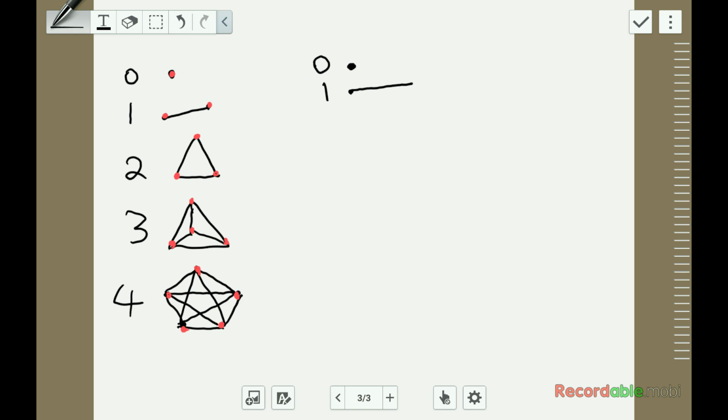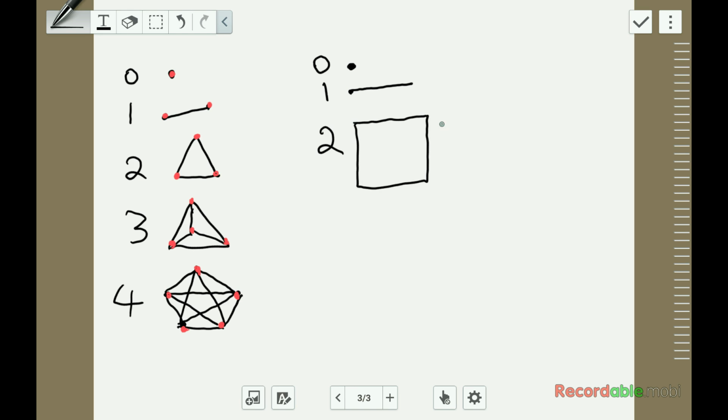Now we just carry on this kind of process. So to get our 2-dimensional space, we get our 1-dimensional space and shift it in a new perpendicular direction. So we already know about the directions of left and right, but downwards is a new direction. So if we shift this line downwards, it will trace out a square.